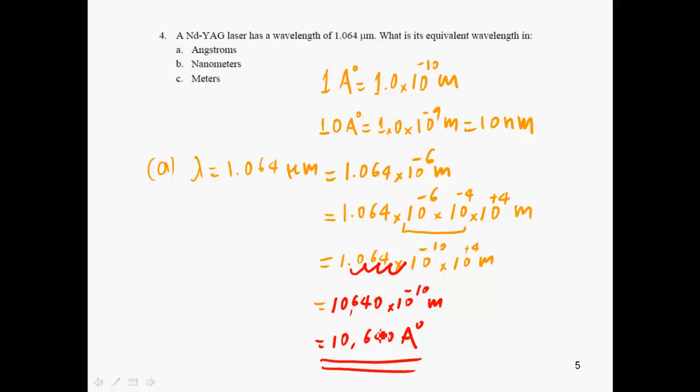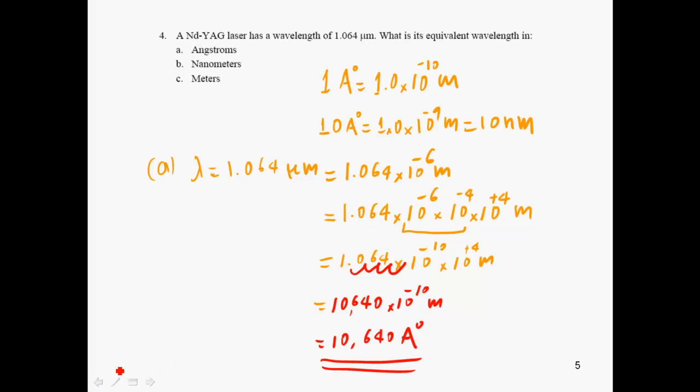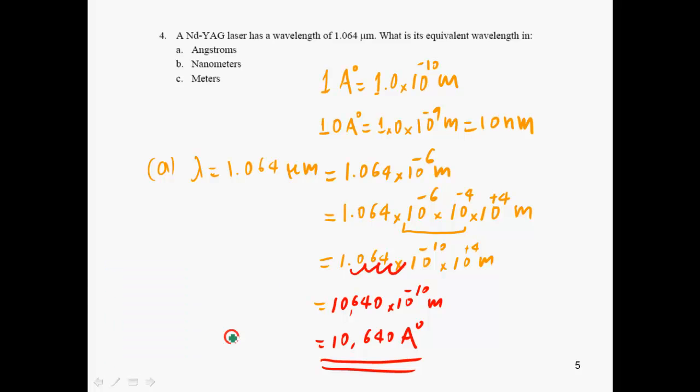So let's do B. When you converted it and you did the 10 to the negative 6 times 10 to the negative 4, 10 to the positive 4, all I did was just move the decimal point over 4, going from negative 6 to negative 10. Is there a pitfall in my logic? No, I came up with the right answer. Am I going to get screwed someday by doing it that way?